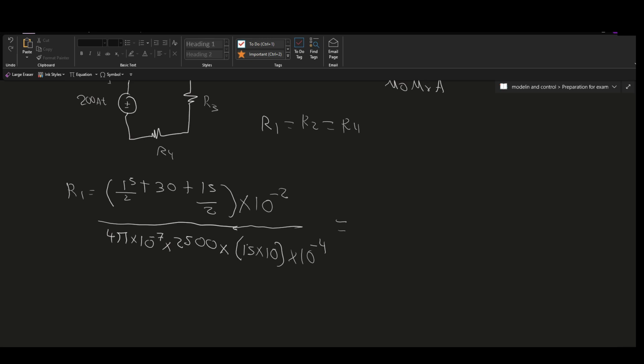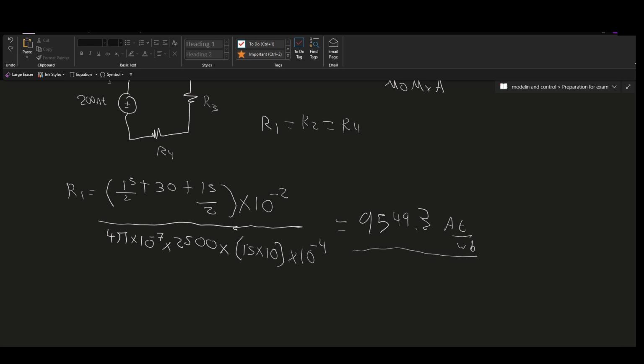And this is going to give us a reluctance of approximately 9,549. I have done it before, so I just have it here. The units for reluctance are ampere turns over Weber, WB.